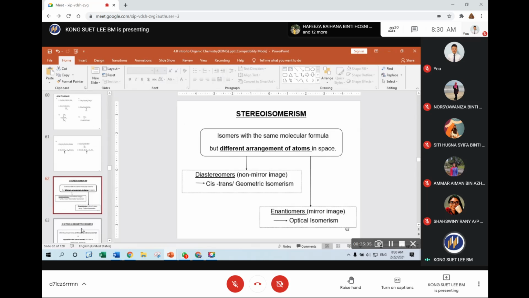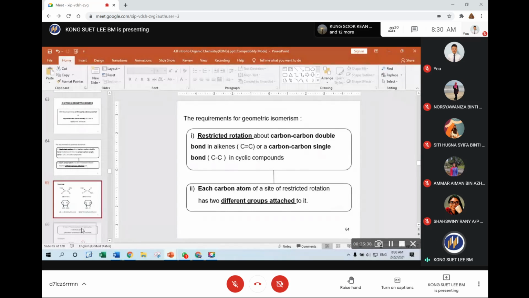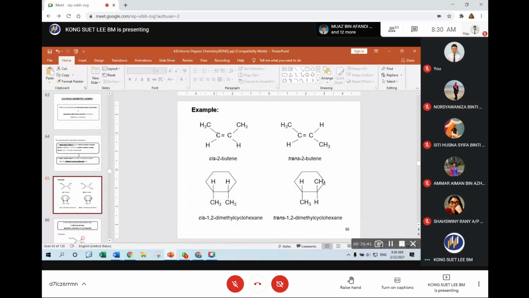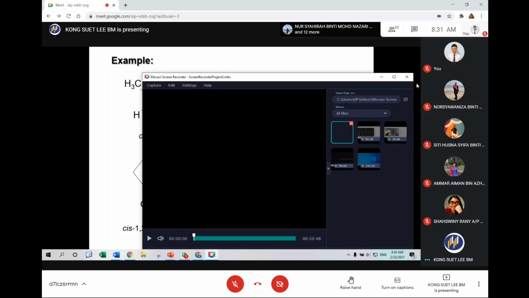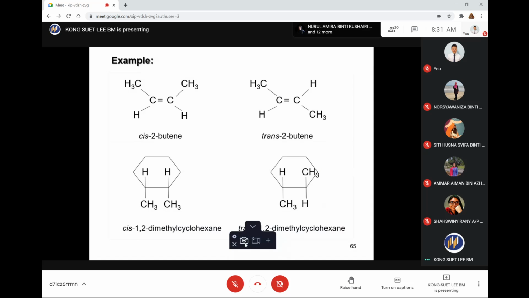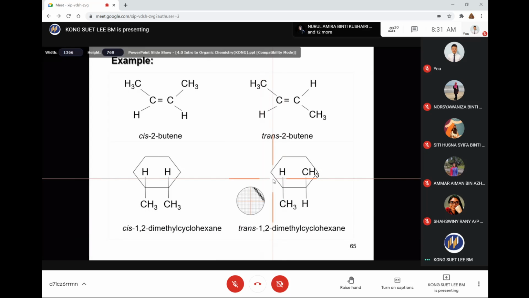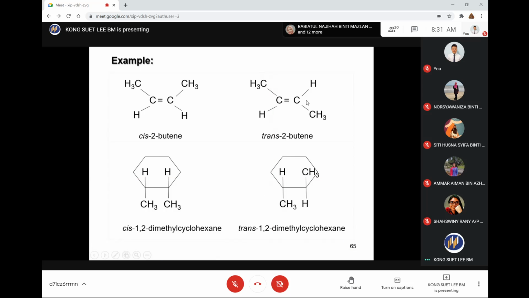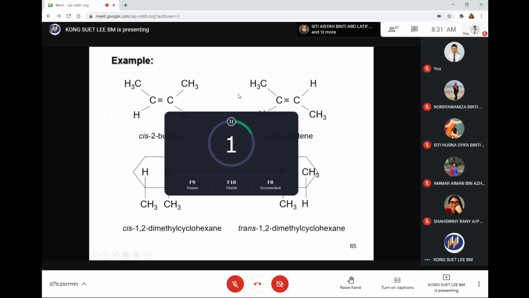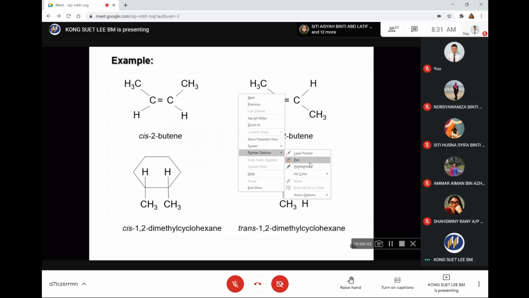Then we go for cis-trans isomers. Look at this example with a carbon-carbon double bond. Why cis-trans?